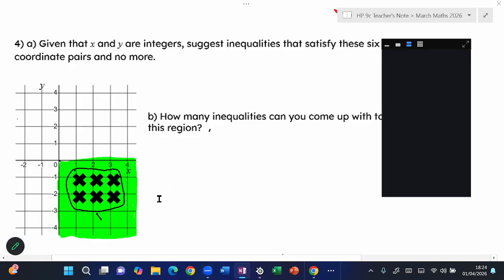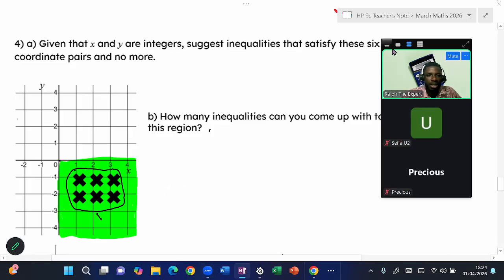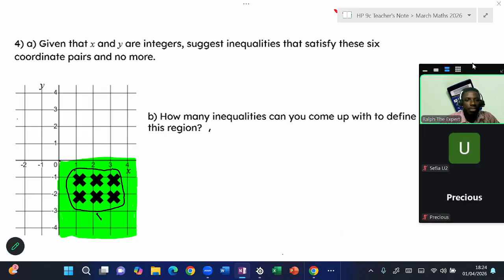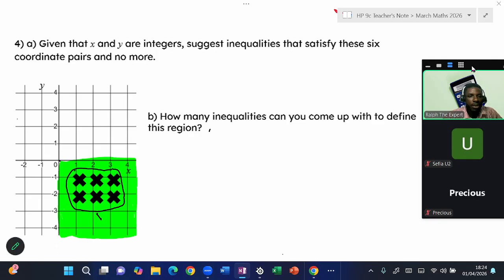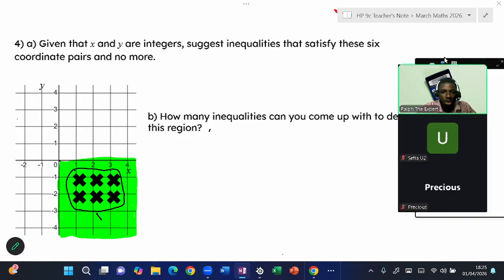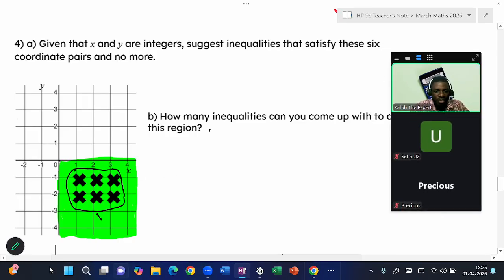Oh, okay. I said this one that we shaded. Tell me for A. So just inequalities that satisfy these 6 coordinate pairs. But indirectly, you're answering the A and B together. But let's limit it to this region, because there are a lot of inequalities that you can use to satisfy this region. But just this region I shaded, give me some inequalities that could satisfy it.